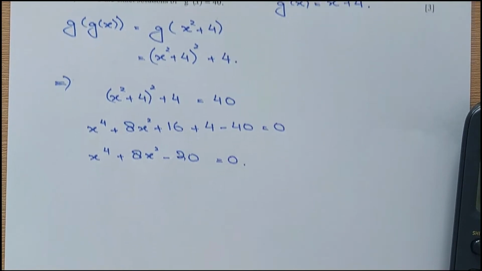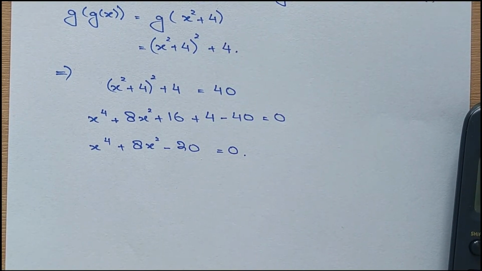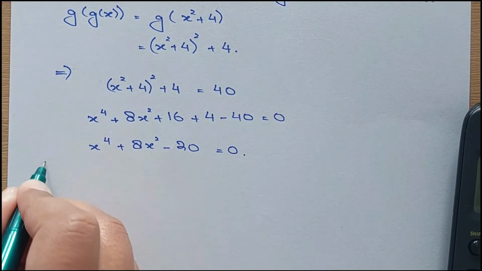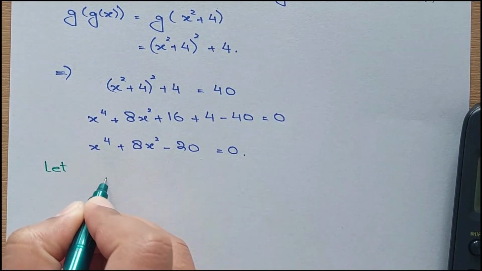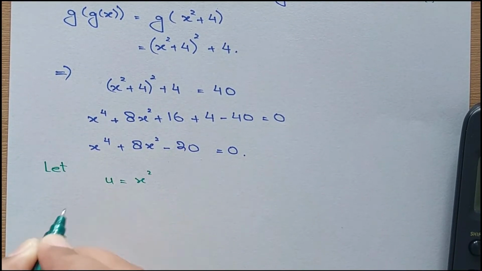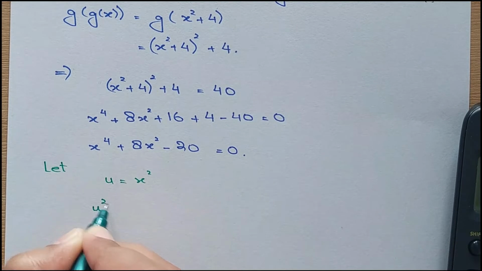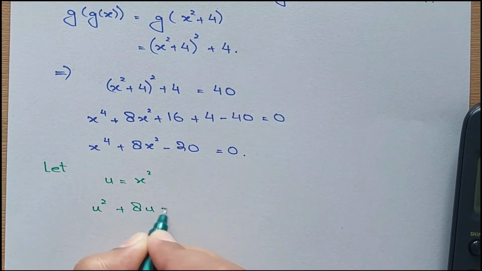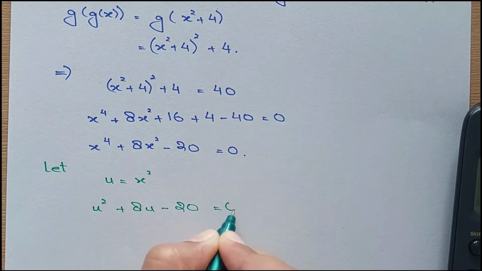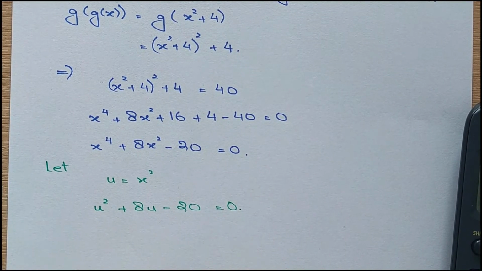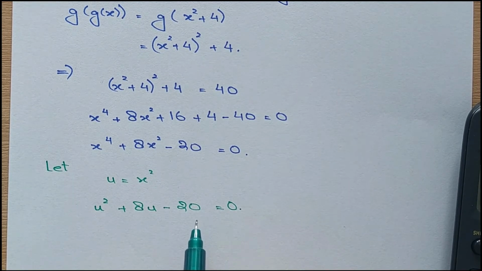This looks like a quadratic equation, so we have to do a substitution. Let u equal x square, right? So we have u square plus 8u minus 20 equals 0. Now we have to factorize this quadratic equation in the variable u. 1 times minus 20 is minus 20. We have to find the factors of 20 whose sum equals 8.